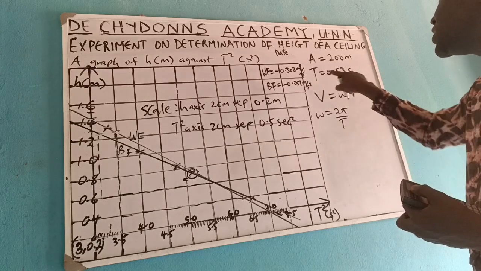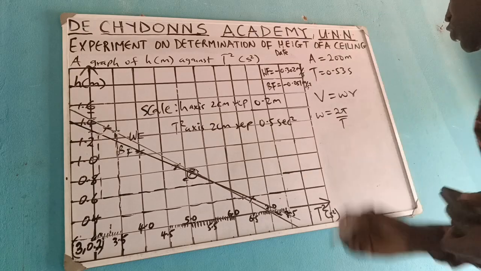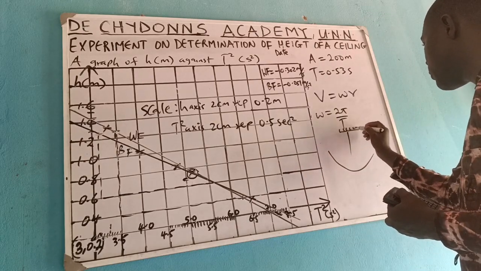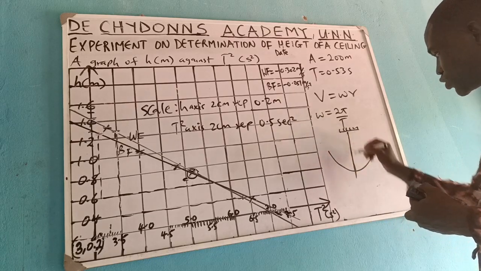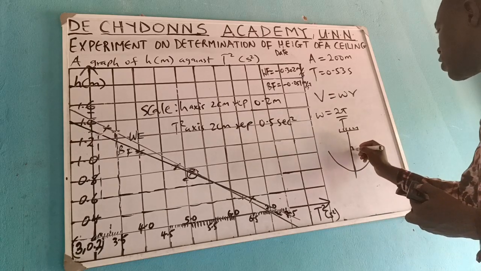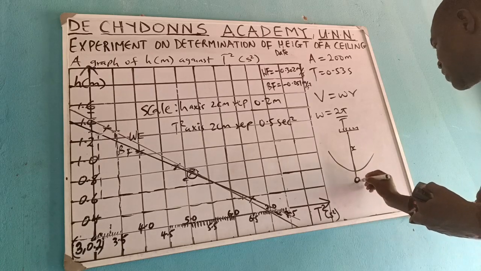Then because this is to pass through the equilibrium position, remember that from the simple pendulum experiment, here is the equilibrium position, the origin. Are you getting it? And at this origin, x is equal to 0. That is the starting point.